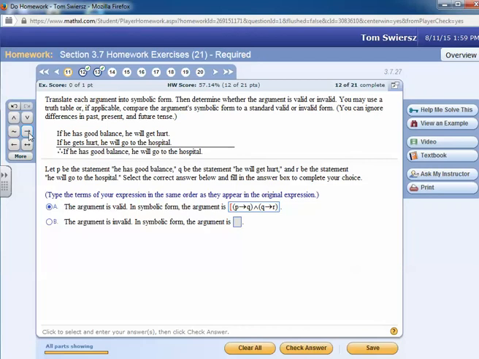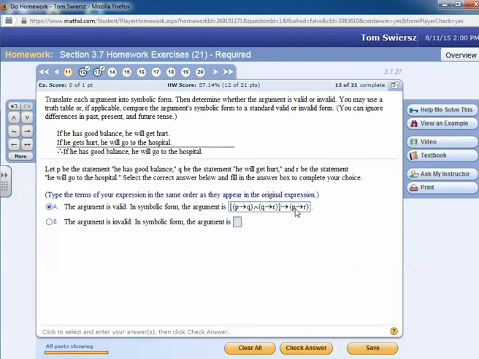Those are our two premises, so end the bracket, and then the whole statement is an if-then, and does that imply the conclusion, which is if he has good balance, P, then he will go to the hospital, which is the third statement, R. So that's premise one and premise two, right arrow, conclusion. That's in symbolic form, that is the argument.